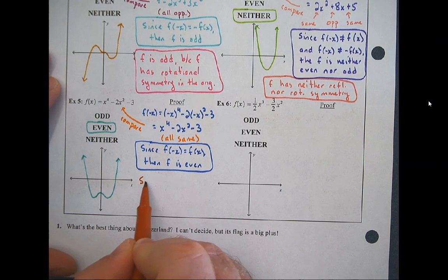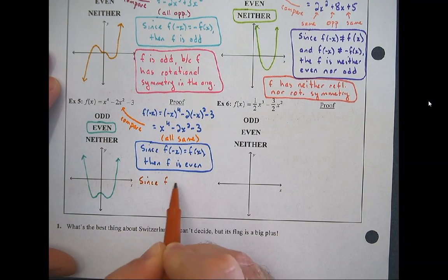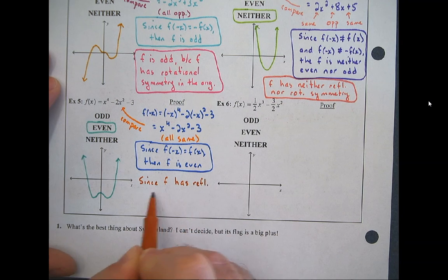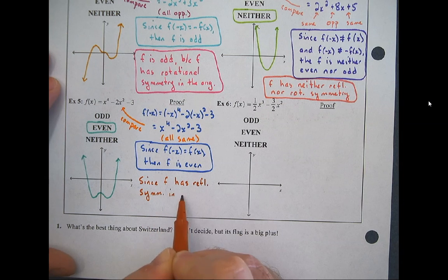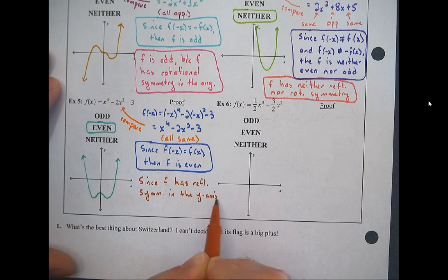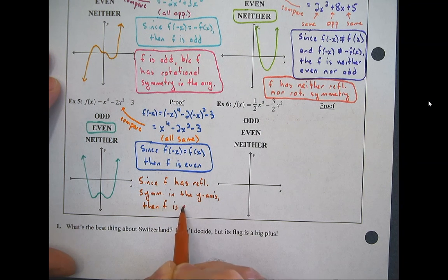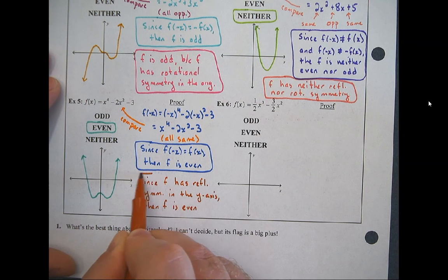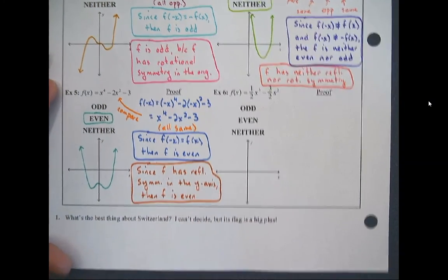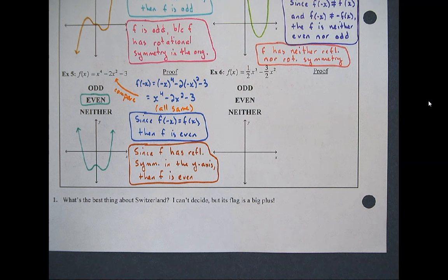Since f has reflective symmetry in the y-axis, then f is even. Notice I just didn't say I had reflective symmetry. I had reflective symmetry in the y-axis.